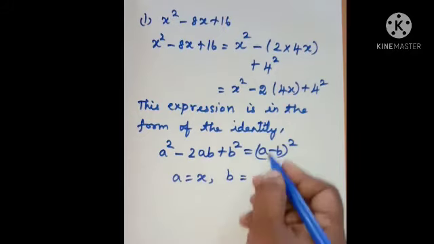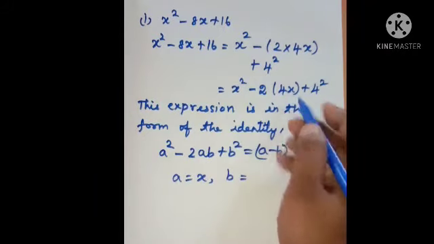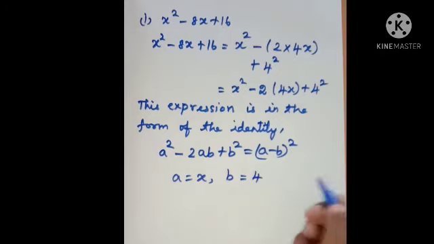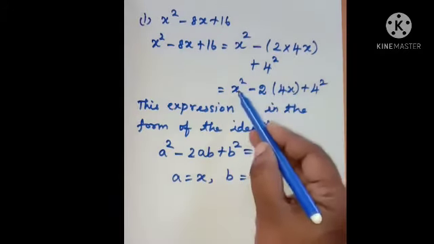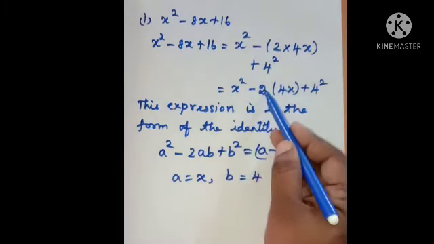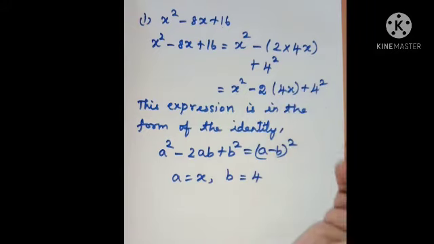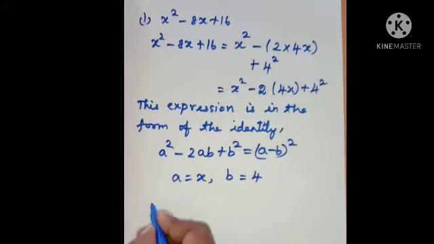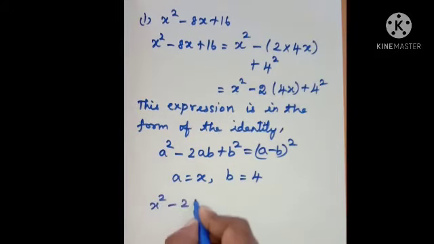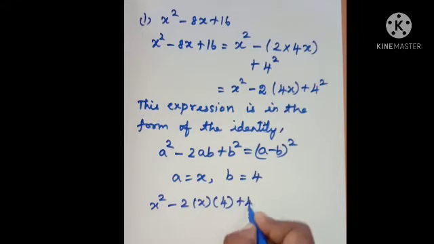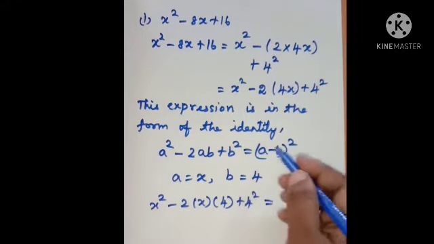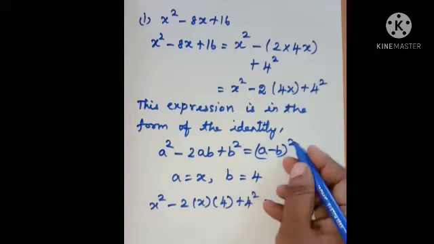In place of b, here it is 4. So a square minus 2ab plus b square can be written as a minus b the whole square.